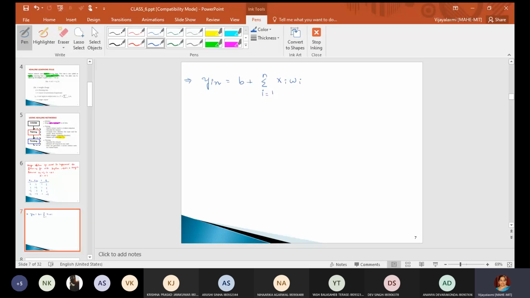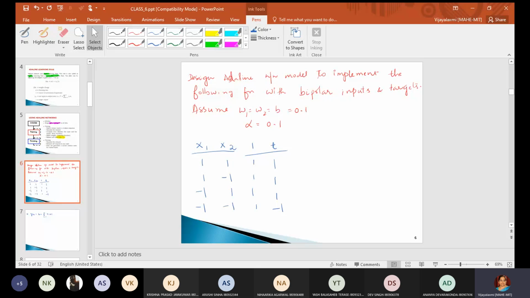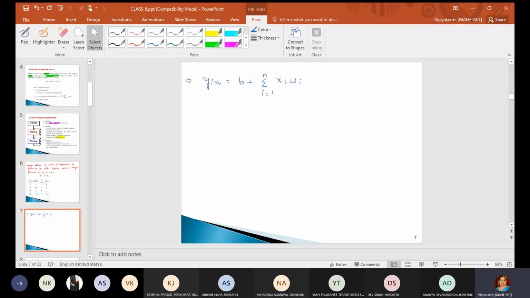Initially we are asked to assume b is equal to 0.1. Then x1 is 1, x1 into w1, so 1 into 0.1, plus x2 into w2, again 1 into 0.1. So this is equal to 0.3.